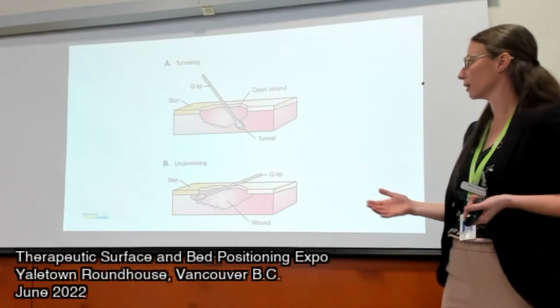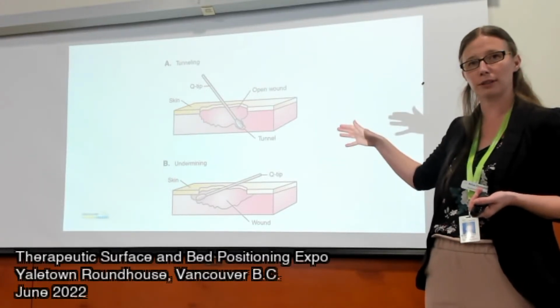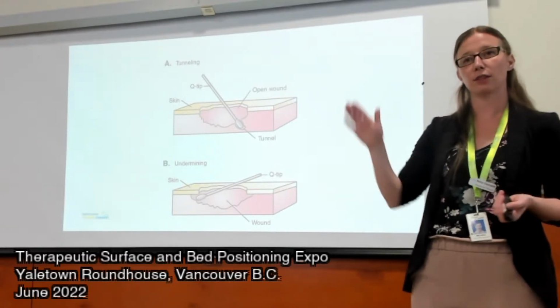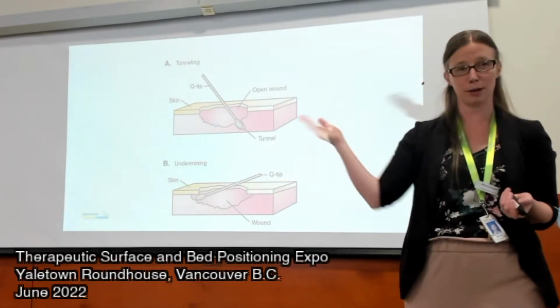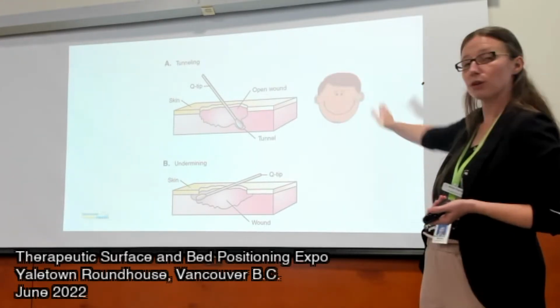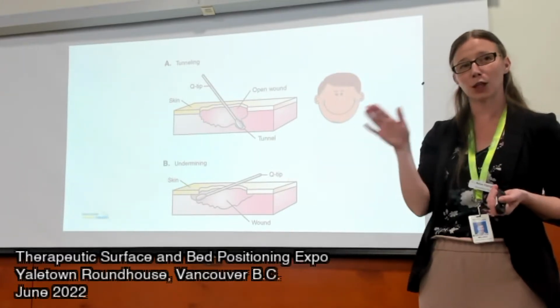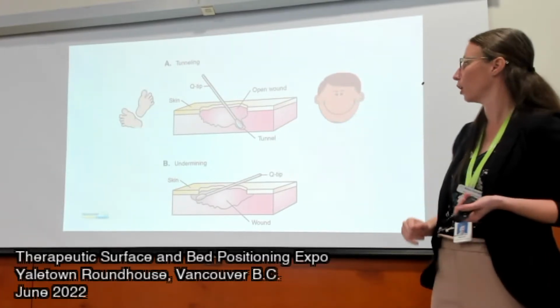So why is tunneling and undermining important? When we look at them, we look at the direction in which they are tunneling or undermining. So the head is going to be, considering the clock, 12 o'clock. Your feet, 6 o'clock.